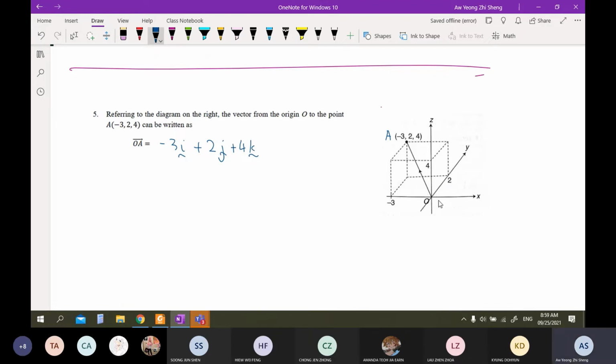So we move minus 3 in the x direction, 2 in the y direction, 4 in the z direction. Or if you prefer vertical bracket form, it is minus 3, 2, 4. Okay, done.